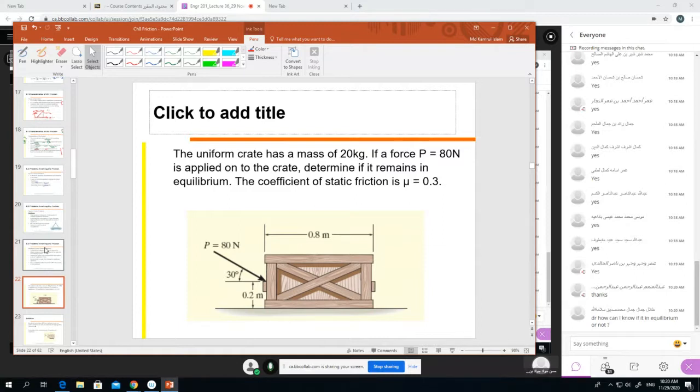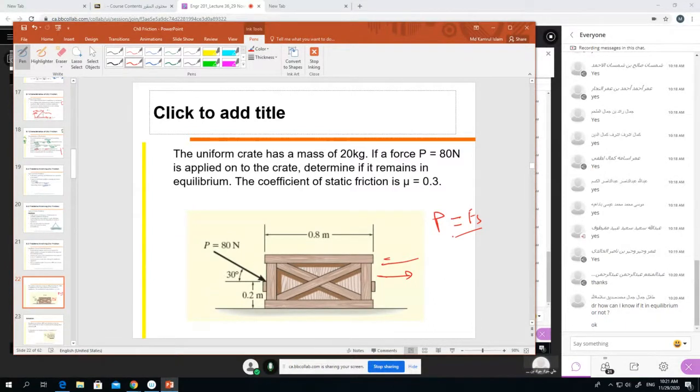Doctor, how can I know if it is equilibrium or not? I will teach you next class. Yes, this class I also can tell you. As I told you, if the force P, the pushing force or pulling force, is equal to Fs, it is in equilibrium. Okay.